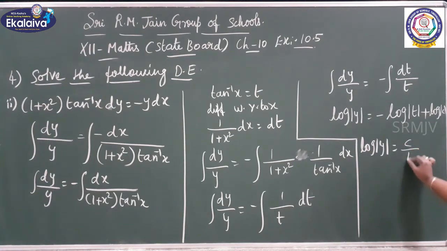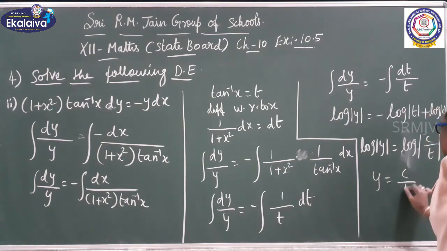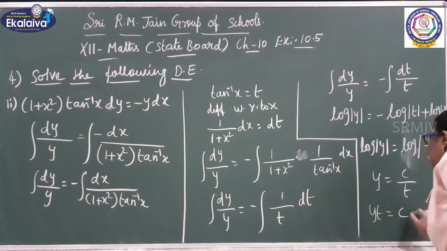So log of mod y equal to log of modulus of c by t. Taking anti-log on both the sides, or raising the power, y equal to c by t. So yt equal to c. What is the value of t? t is nothing but tan inverse of x.